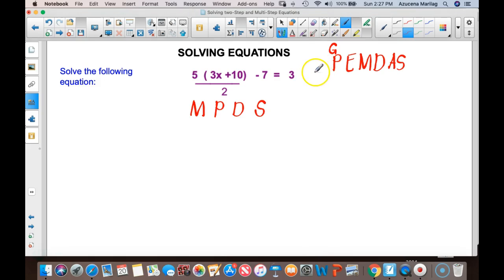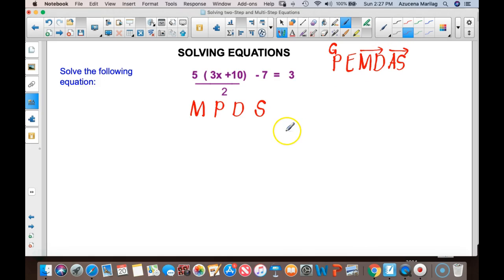Sometimes it's not just parentheses, but some use brackets or braces. The E represents exponents. The M and the D represent multiplication and division, and that's performed in order from left to right, and that's similar with addition and subtraction.